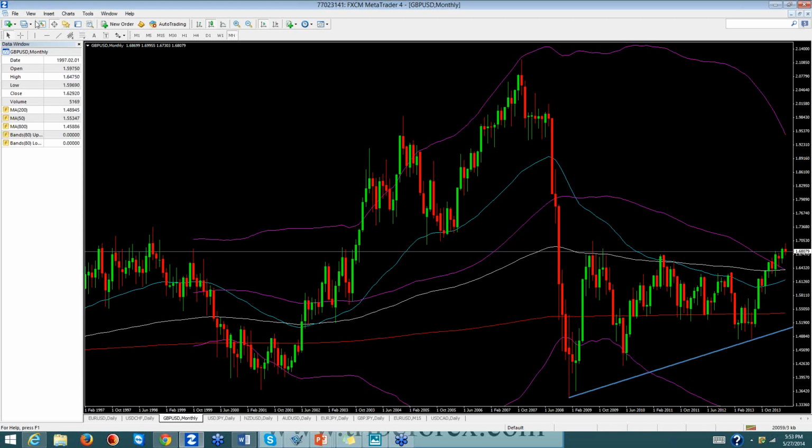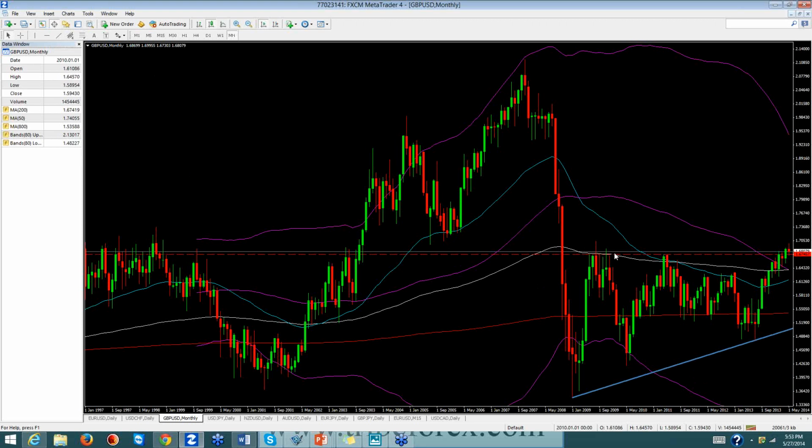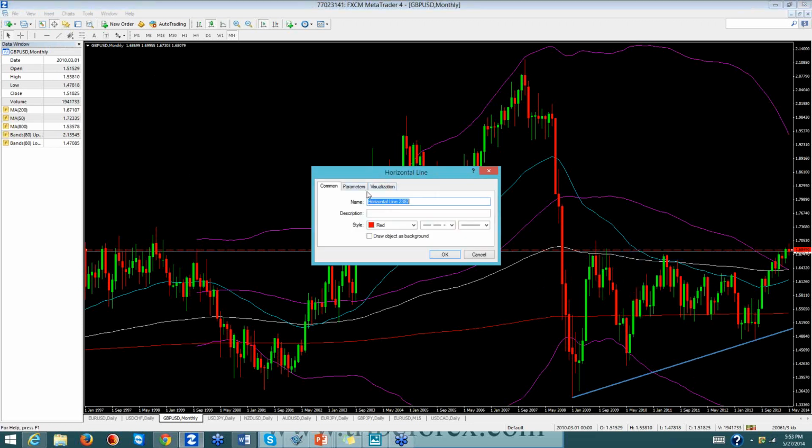This is the pound dollar horizontal area of support and resistance, which we did cross back through. I believe it was 68.50 that we called the area of support and resistance on the monthly.